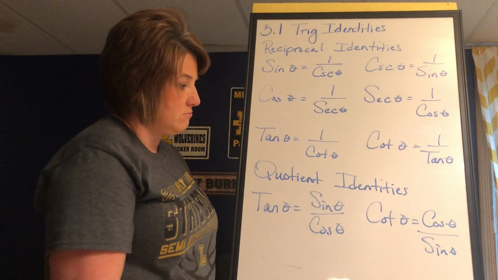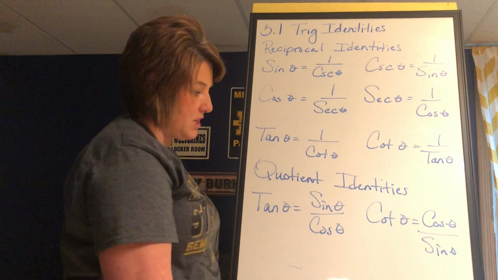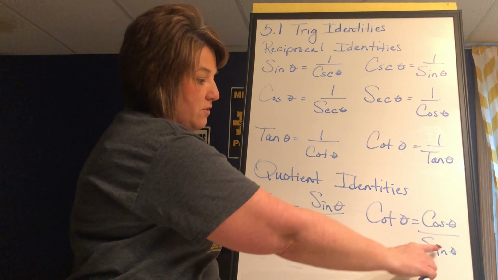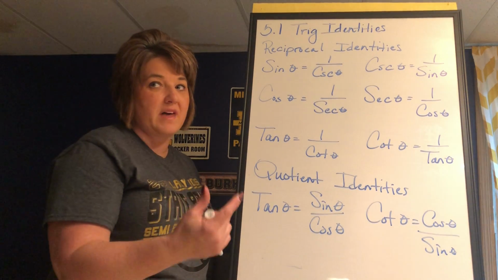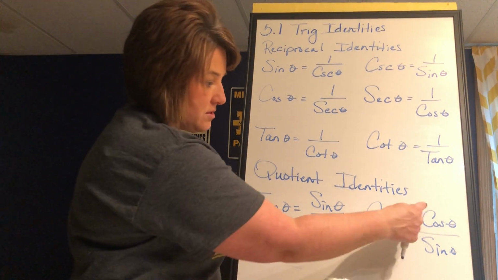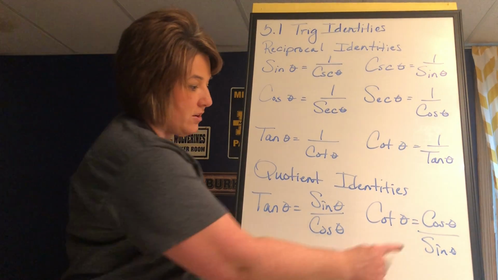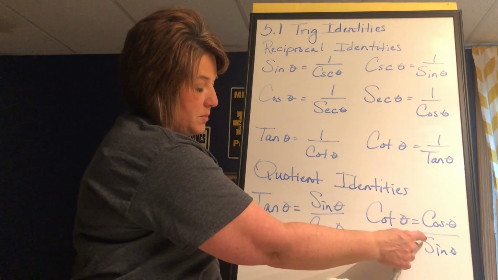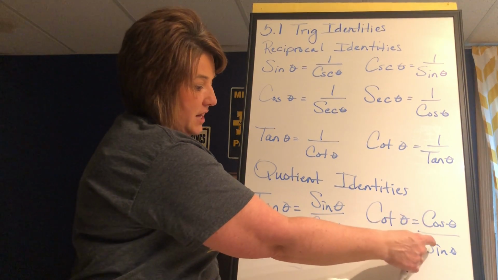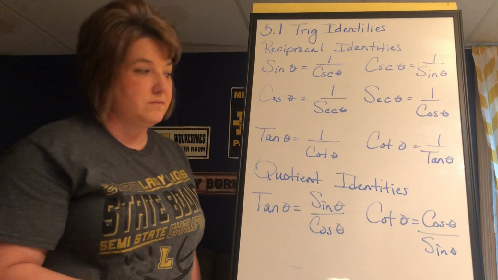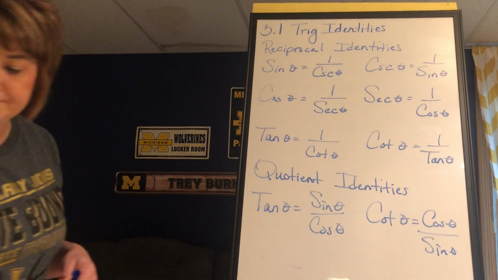So that's the same thing that you can do with the cotangent of theta. You can replace it with cosine of theta over sine of theta, or if you have that rational expression, you can replace cosine of theta over sine of theta with cotangent of theta. So they work hand in hand.